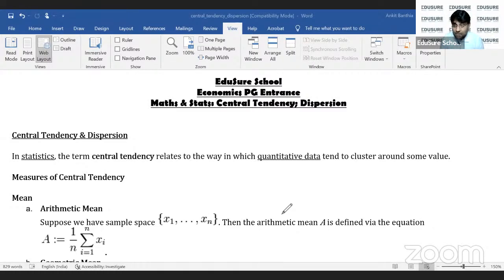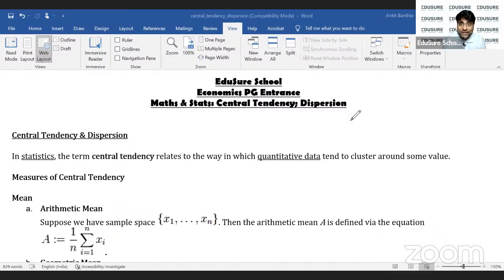One is the mean. Means are of 3 different types. First, the arithmetic mean, which is the simple average of all the elements. If there are x1, x2 up to xn elements, the arithmetic mean is simply the summation divided by the total number of elements, right?